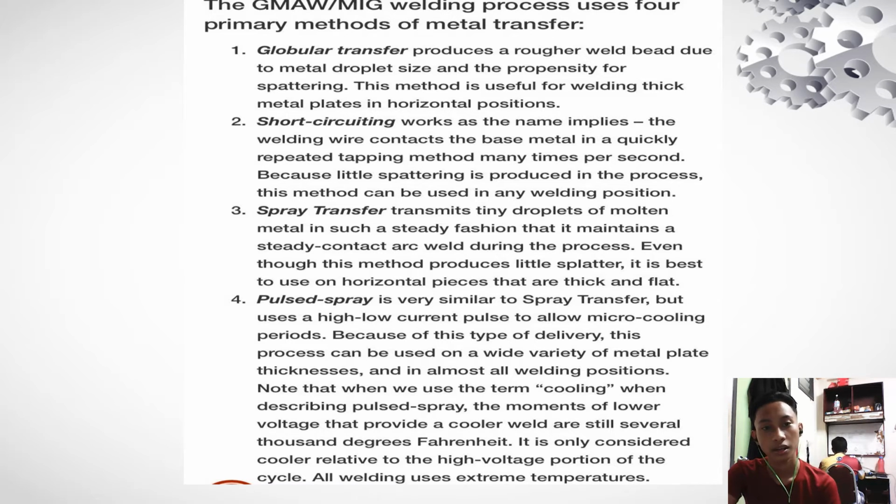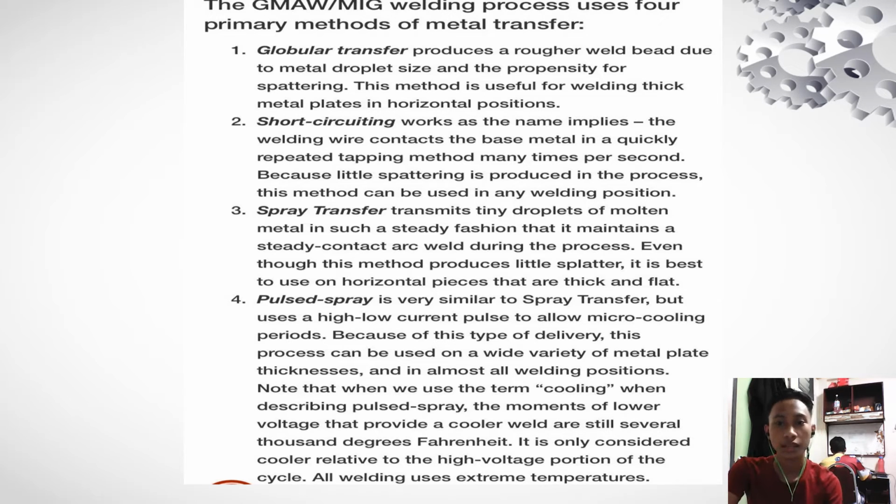Okay, first, globular transfer. Produces a rougher weld bead due to metal droplet size and the propensity for spattering. Second, short-circuiting. As the name implies, the welding wire contacts the base metal in a quickly repeated tapping method many times per second. Third, spray transfer.